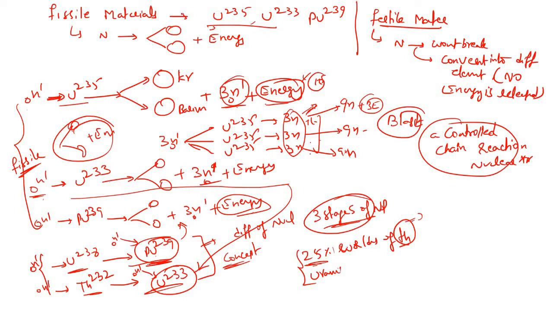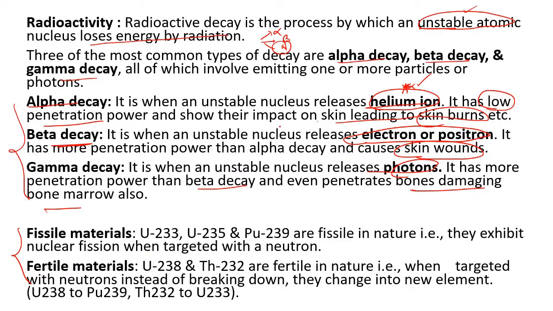So I hope you understood what fissile materials and fertile materials are. Let's read what we have written there. Fissile materials: uranium-233, uranium-235 and plutonium-239 are fissile in nature, that is, they exhibit nuclear fission when targeted with a neutron. Nuclear fission means they are splitting.